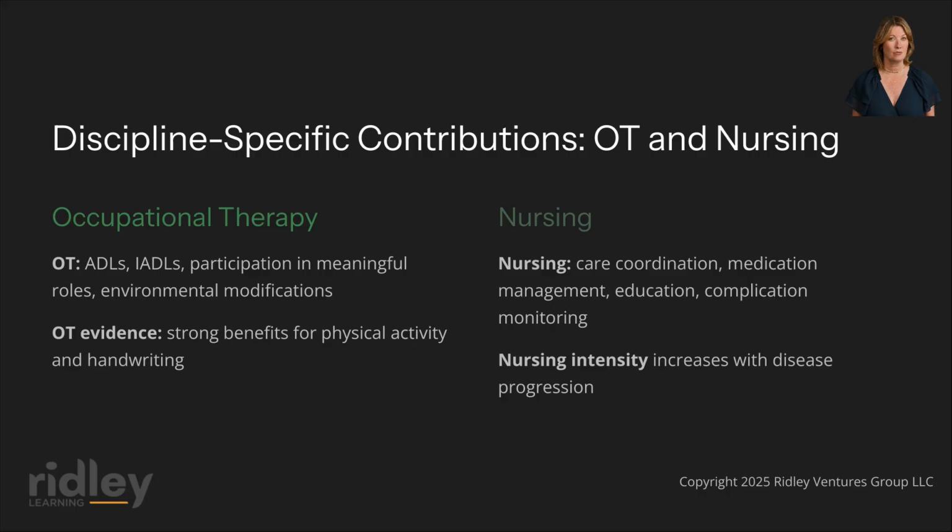Nursing plays a central role in care coordination, education, medication management, and monitoring for complications across all stages and settings of Parkinson's disease care. Nurses ensure medication optimization, provide education to patients and families, monitor for adverse effects and complications, and coordinate communication among team members. In inpatient settings, nursing care encompasses medication administration, skin integrity maintenance, nutrition support, fall prevention, and safety monitoring.